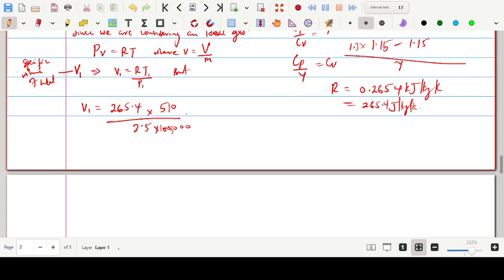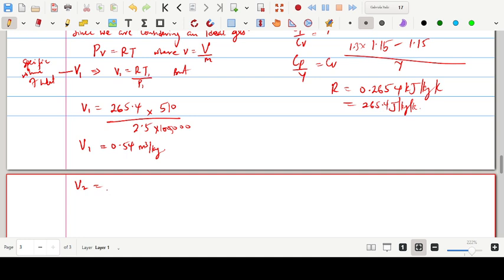Then I have my specific volume V1 equals 0.54. Now this one is specific volume, that is meter cube per kilogram. Don't forget the unit of specific volume.